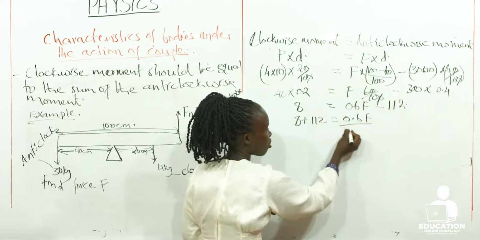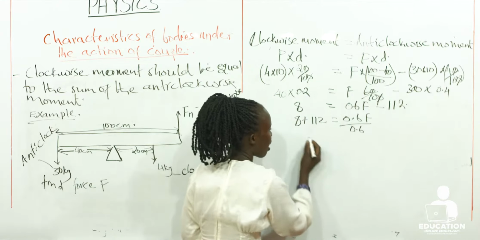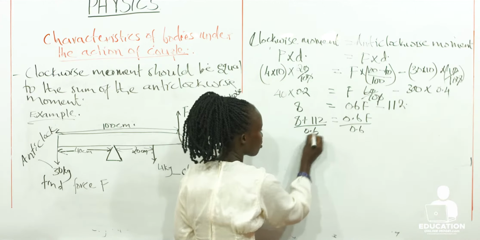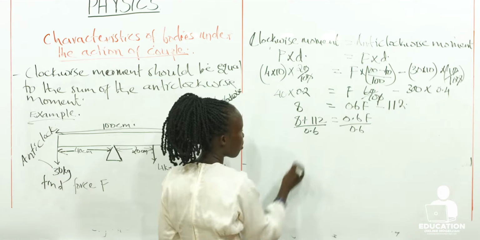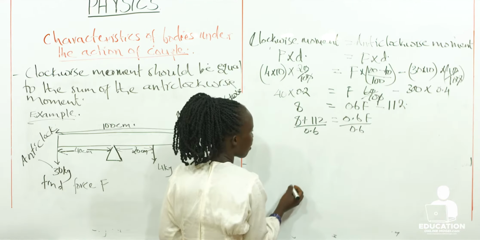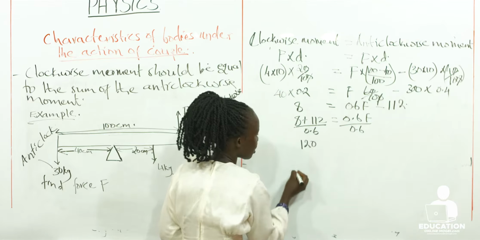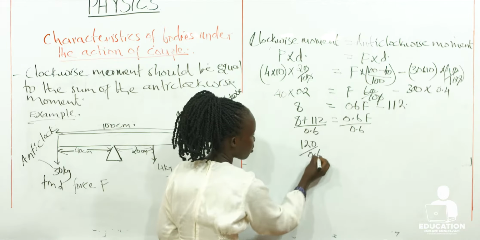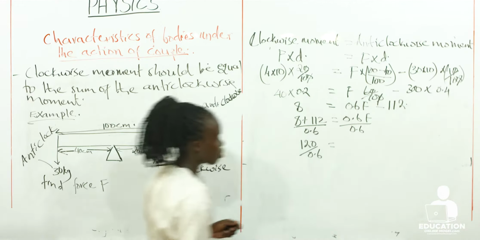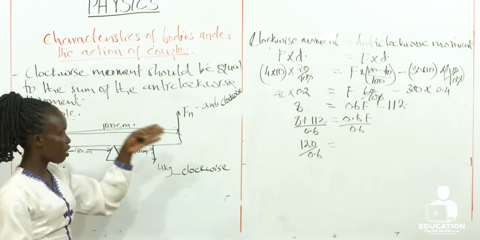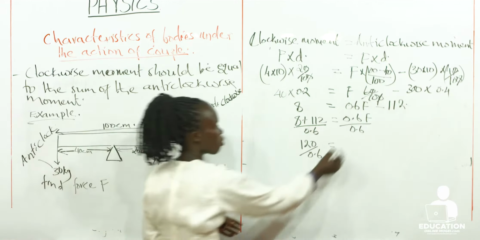So divide through by 0.6 and divide through by 0.6. That is going to give us 120 divided by 0.6, and this time the 0.6 will cancel out.